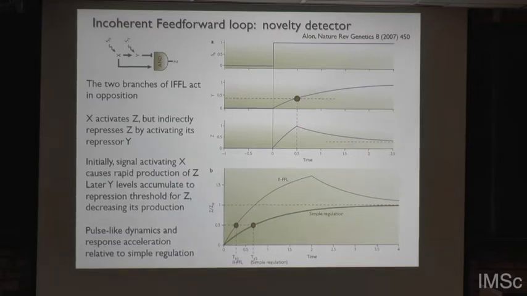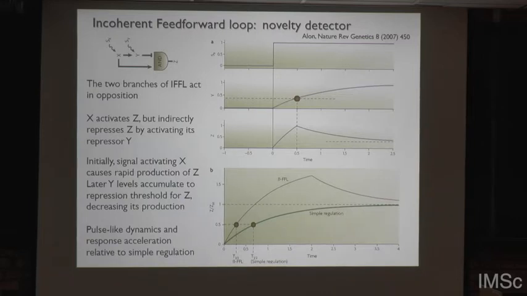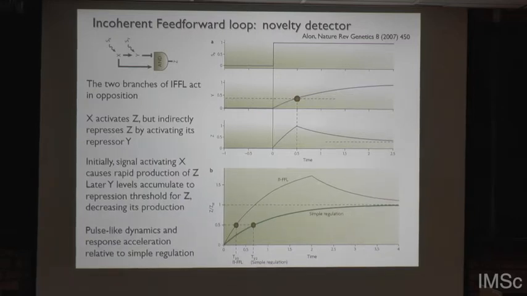So this essentially functions like an adaptation response, where you initially respond to a novel stimulus with some response, but if this stimulus continues, you adapt to it, and eventually you go back to the state where you were in your resting state when there was no stimulation. Okay.